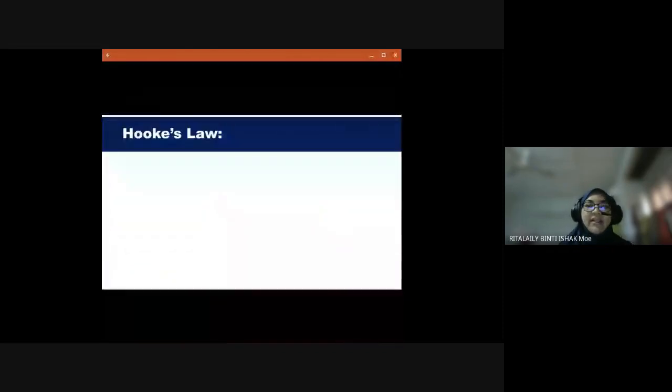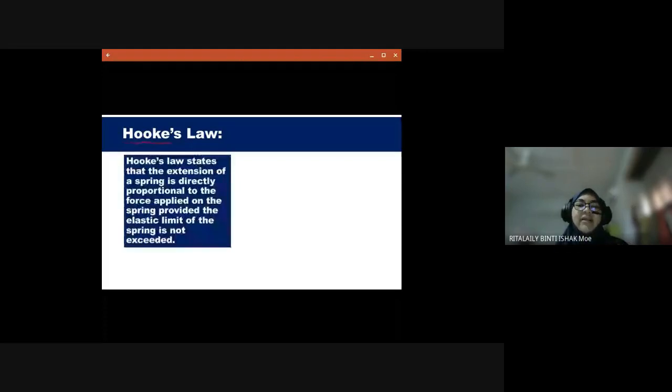Okay, so the experiment for spring weight and also extension is known as Hooke's law. Okay, so for Hooke's law, the spelling of Hooke should be correct because this is a person's name. Okay, untuk SPM, there are certain words that you need to spell correctly, especially for laws and principles, because usually it is a person's name.